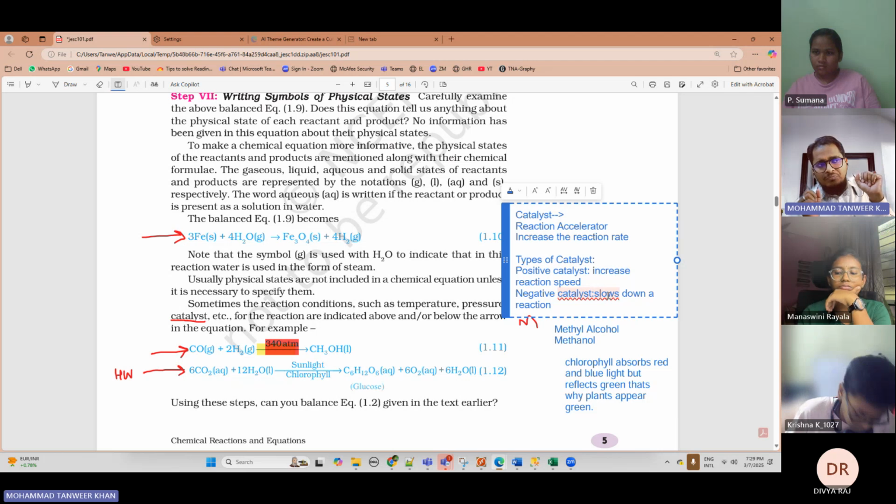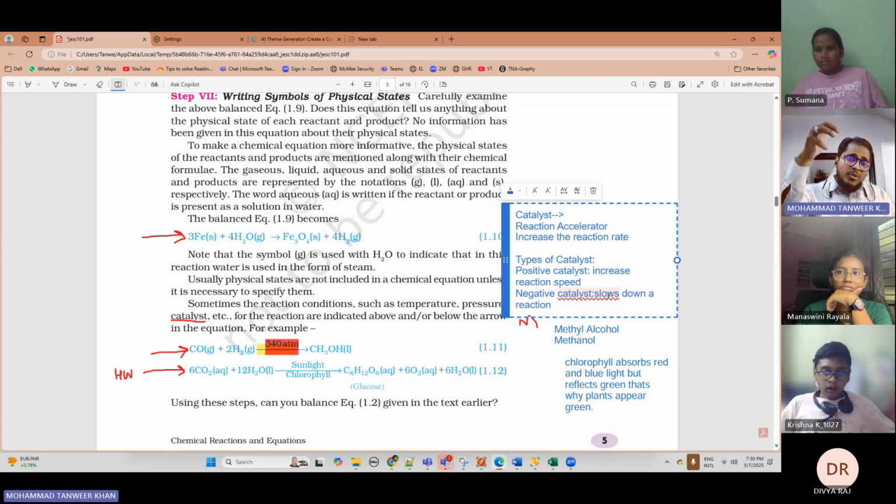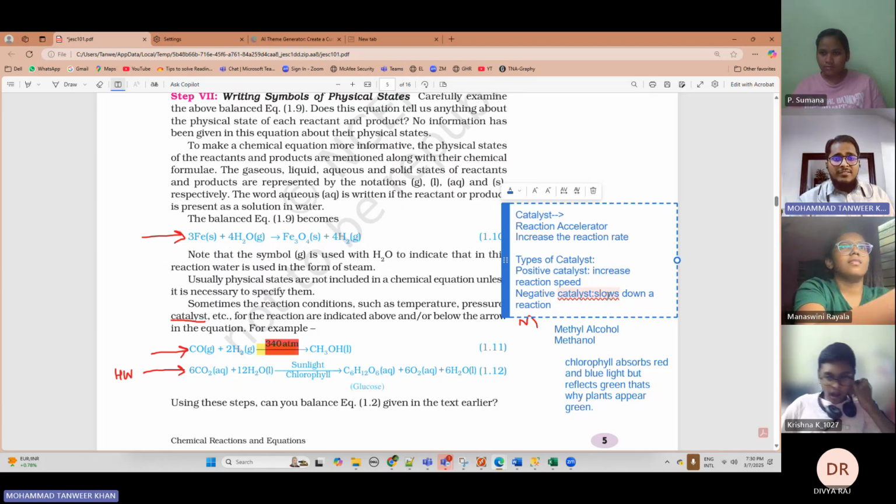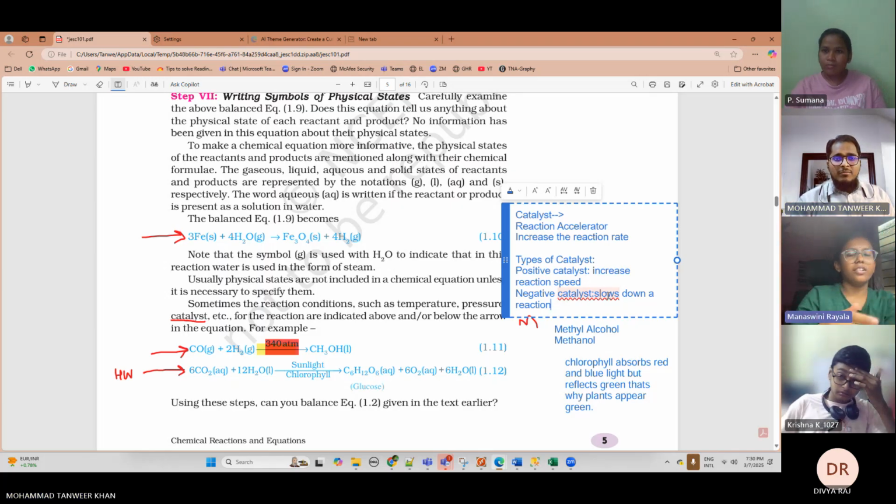That syrup helps in digestion. Sometimes we feel acidity, and the food is not getting digested properly, right? So in that syrup we have enzymes which increase the reaction. It means when you eat food, it will digest quickly. So is that a positive catalyst or a negative catalyst? Positive catalyst, right?